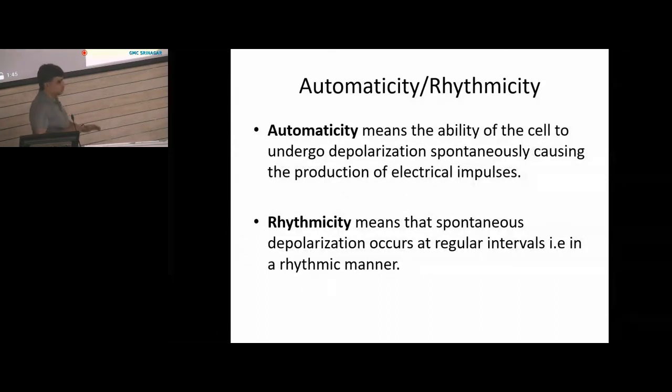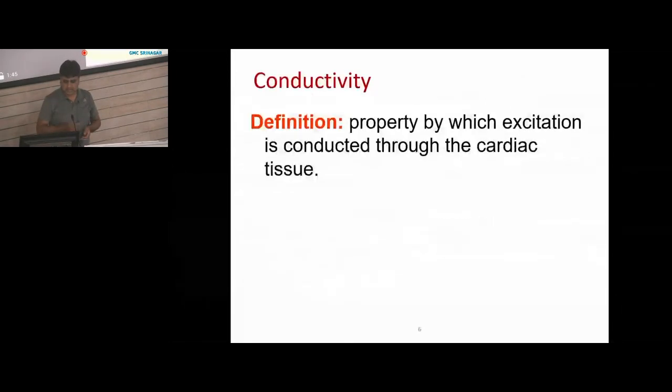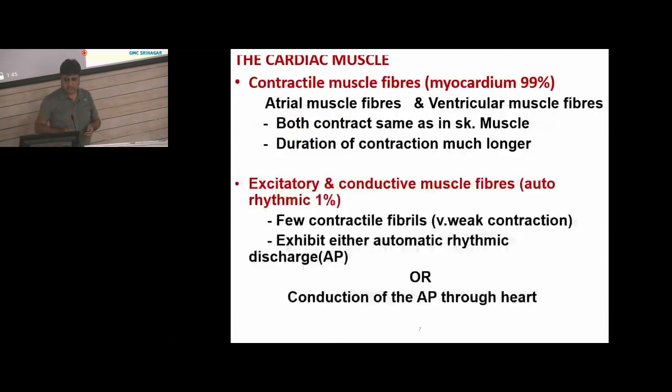Now coming to the heart muscle as a whole, the heart constitutes cardiac musculature. If we see the percentage of different types of muscle fibers in the heart, 99% of the myocardium are contractile fibers, like atrial muscle fibers and ventricular muscle fibers.